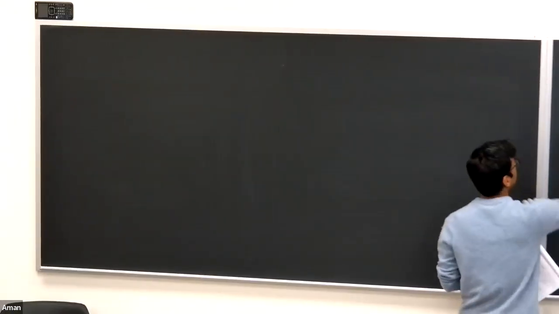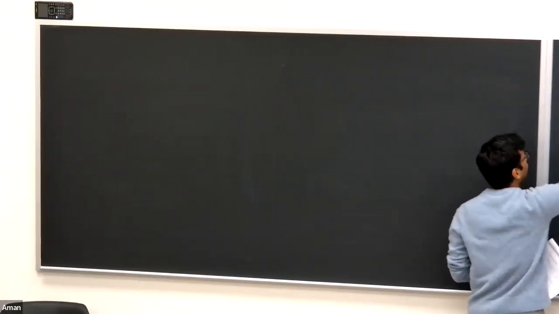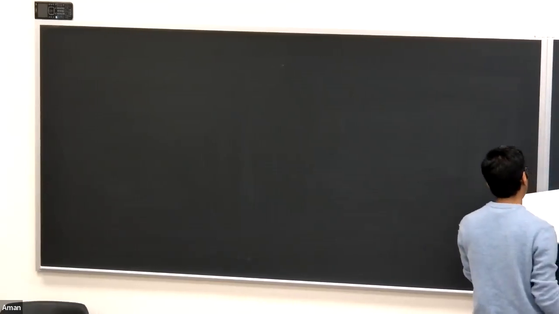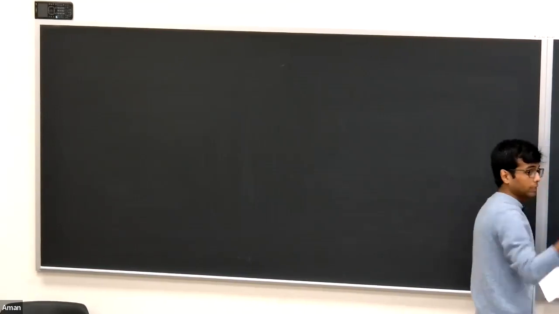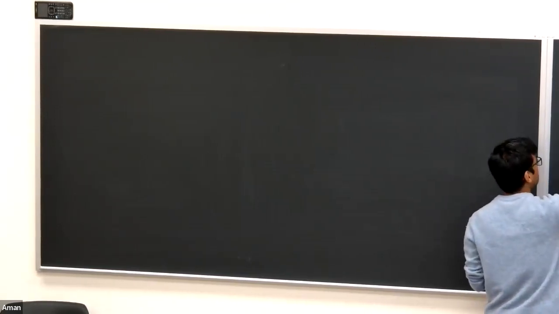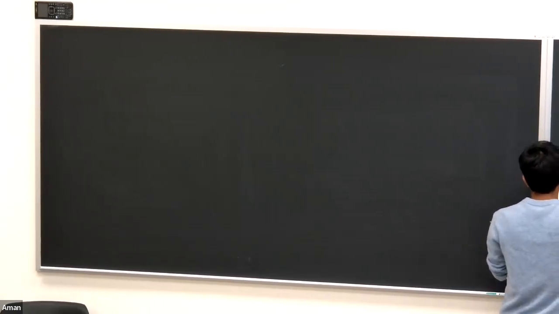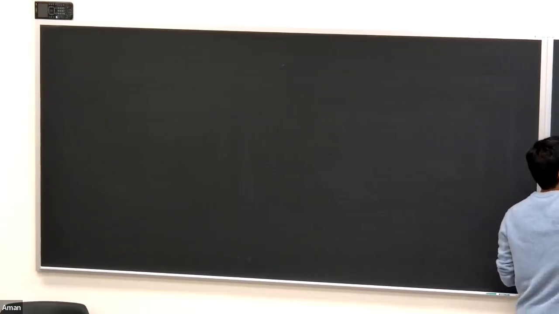All right, so first some notation. What are graph neural networks? Let's just define what a graph is. A graph is made up of two things. The first is edges, which represent relationships.